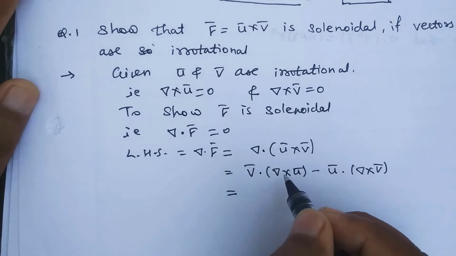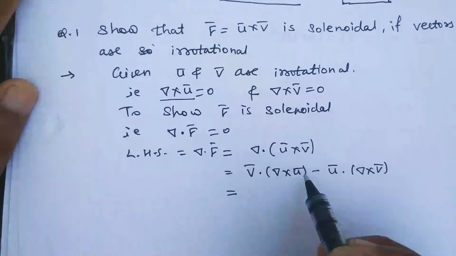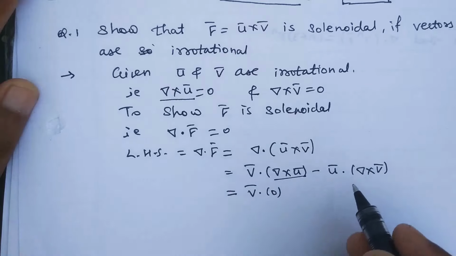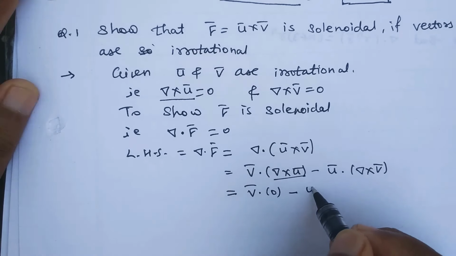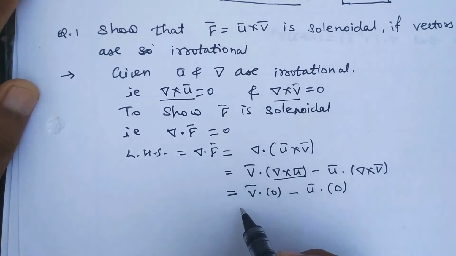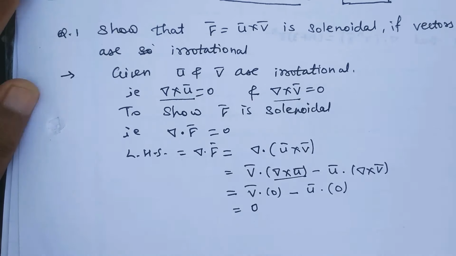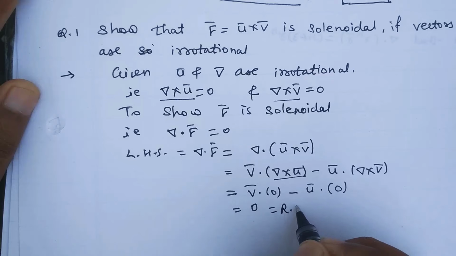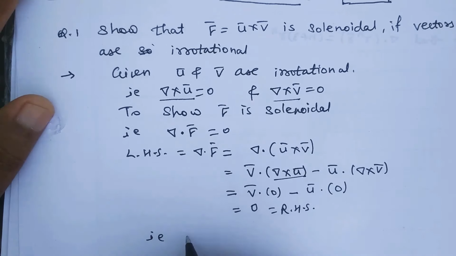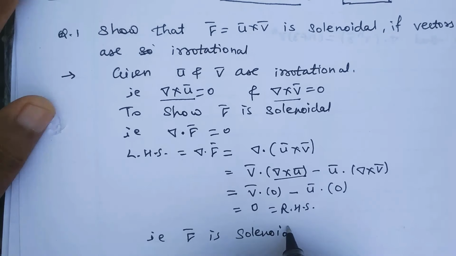We already wrote that the value of del cross u bar is 0, so v bar into 0, minus u bar dot del cross v bar, which is also a 0 vector, so this is 0. That is equal to RHS. That means f bar is solenoidal, which is proved.